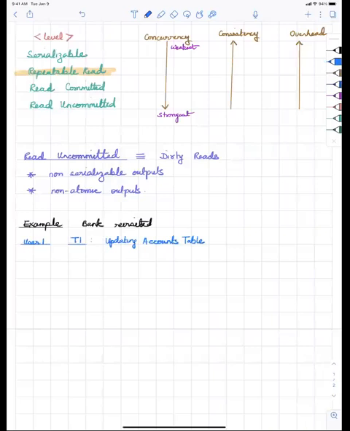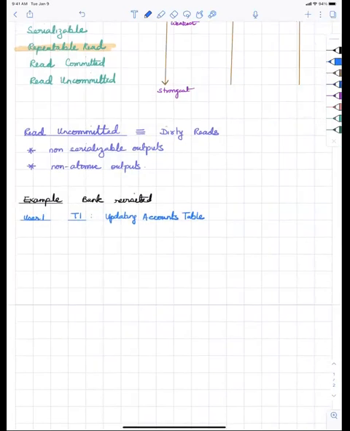And then you have user T2, who is reading, or printing, the accounts. For simplicity, let's have the accounts X and Y. X is equal to $100 initially, and Y is equal to 50 initially.